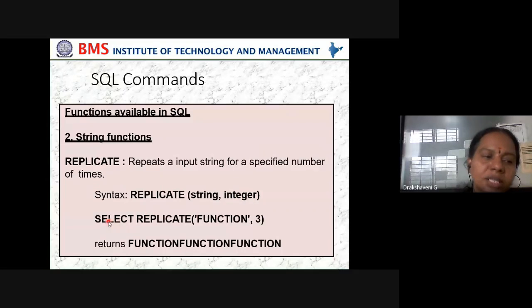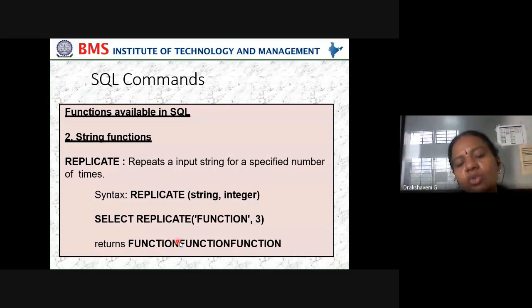SELECT REPLICATE 'function', 3 times. That returns the string repeated as many times as I told it to, by 3 times. But one more thing you can notice here is that there are no spaces between them, because we know this is 'function', so we are able to say 'function'. If we read it continuously, how can we say it is a function?